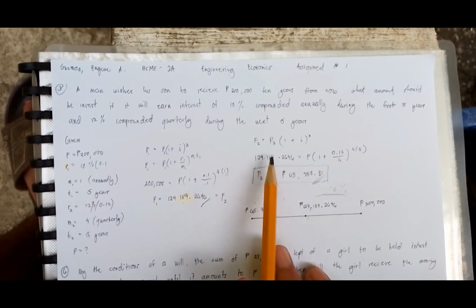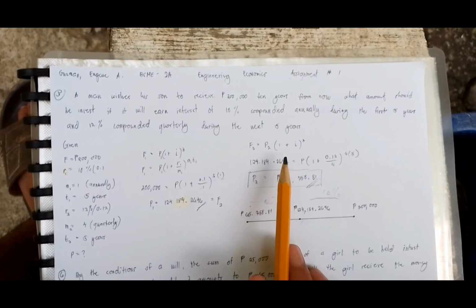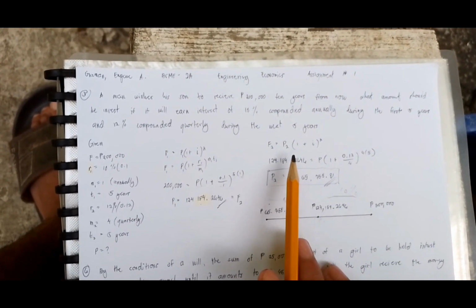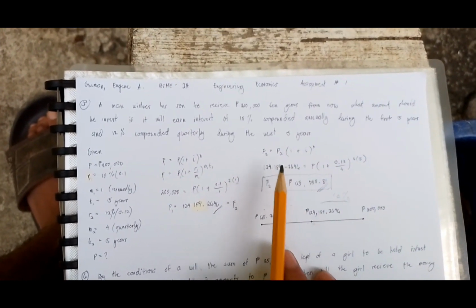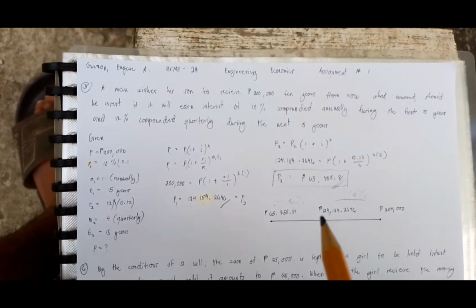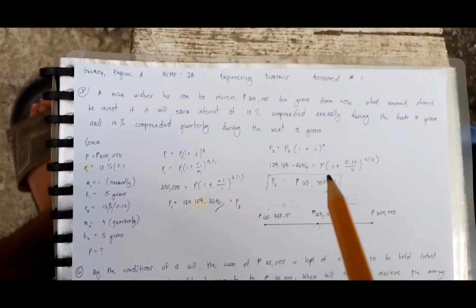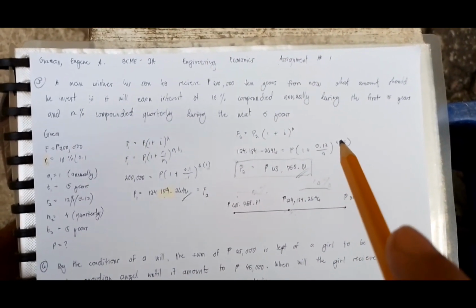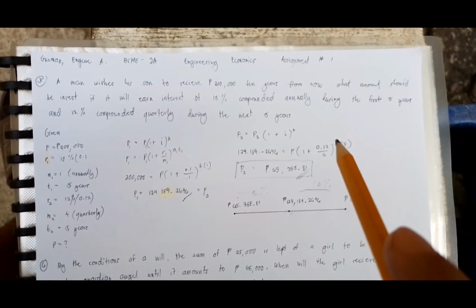F2 equals P2 times the quantity of 1 plus i, or interest rate, raised to N. So 124,184.246 is equal to P times 1 plus 0.12 all over 4, raised to 4 times 5 years.